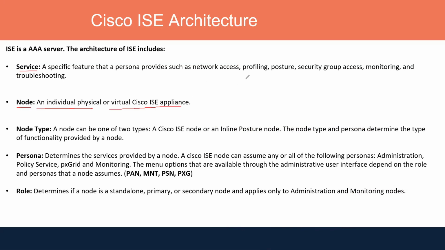So when you purchase a Cisco ISE device, let's say with model number SNS 3500, and you deploy this in your network, what would it be called?